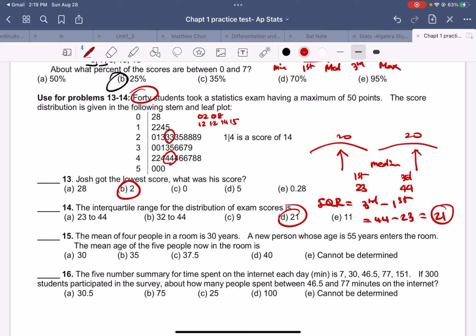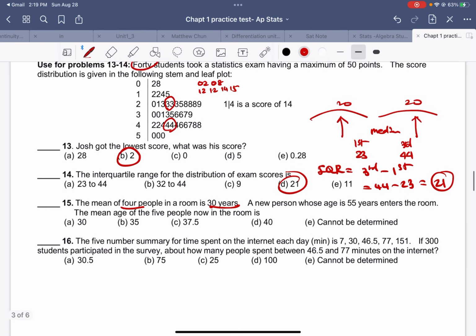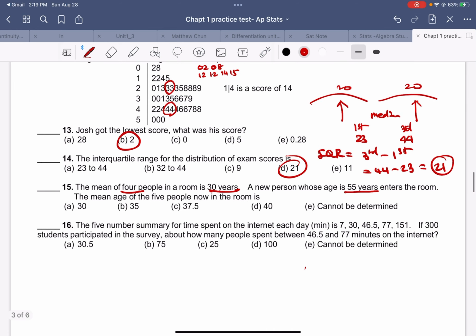Number 15, the mean age of 4 people is 30. A new person whose age is 55 years old enters the room. The mean age of the 5 people is now what? So 4 times 30 plus the new person's age, 55, now divided by the total number of people, 5, and that's the new average.